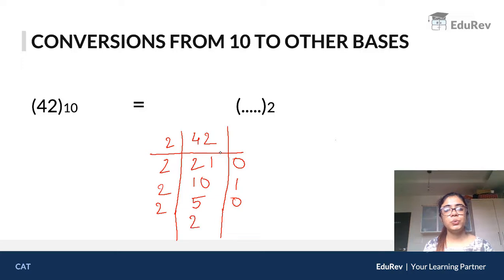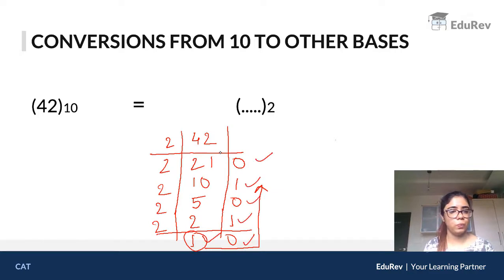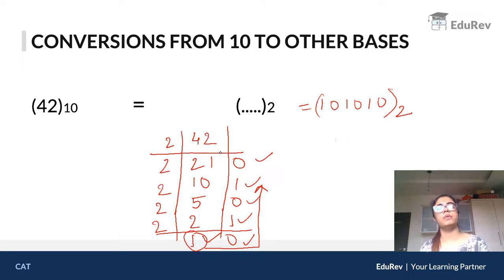Then 2 2s are 4. Remainder 1. 2 1s are 2. Remainder 0. Again you will start from here and you will move in this direction. So your value is 1 0 1 0 1 0. So 42 to the base 10 is 1 0 1 0 1 0 to the base 2. So this is how you can convert a decimal number to a binary number.